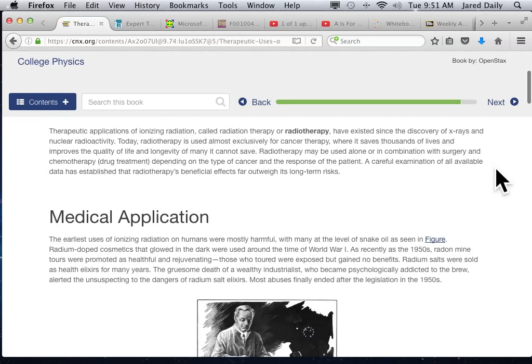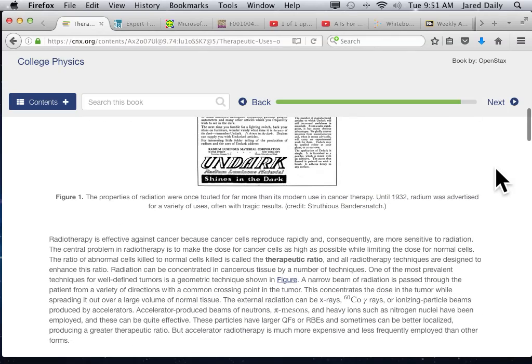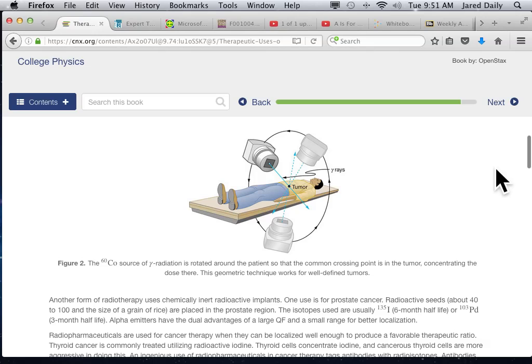So, can it be useful, this dangerous radiation? In fact, it can be. One of the ways this is useful is to kill off things that you don't want in your body, for example, tumors. If you have a tumor in the body, you can point these different sources of radiation at the body, and they will penetrate it.